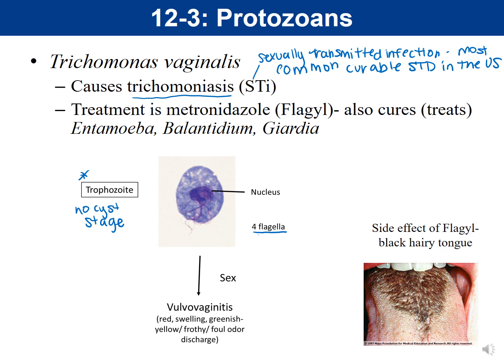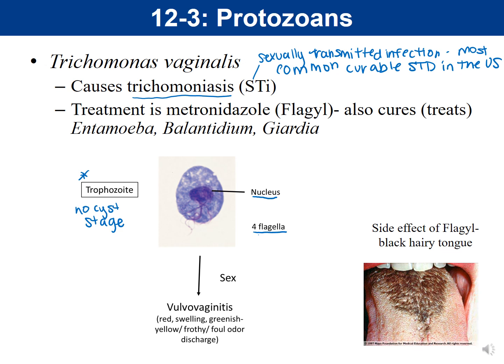And so what you're looking for is this large nucleus, and you're looking for 4 flagella coming out. The way that this reminds me, I think of Trichomonas as the nucleus kind of looks like a brain, and the flagella remind me of like neurons. So it's like a brain and it has these neurons coming out.